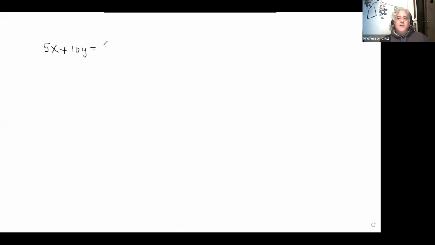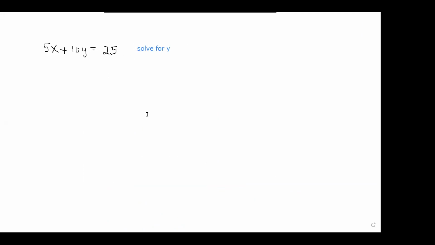I'm not sure how well this will come out, but let's try it. And then we want to solve. Can you see that? Yes.